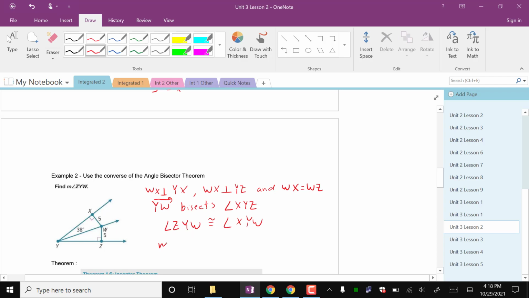So the measure of angle ZYW equals the measure of angle XYW. And we have XYW right here. We know that's 38. So this equals 38, which means the measure of angle ZYW is 38 degrees. I'll put the little degrees there.